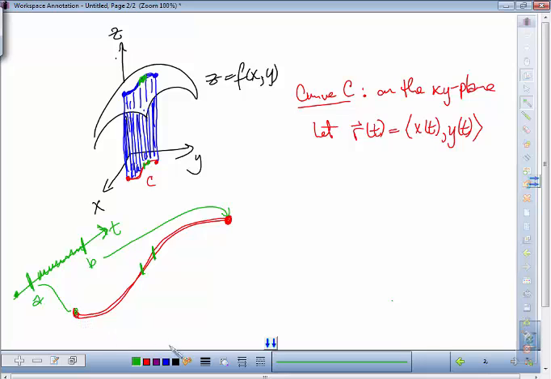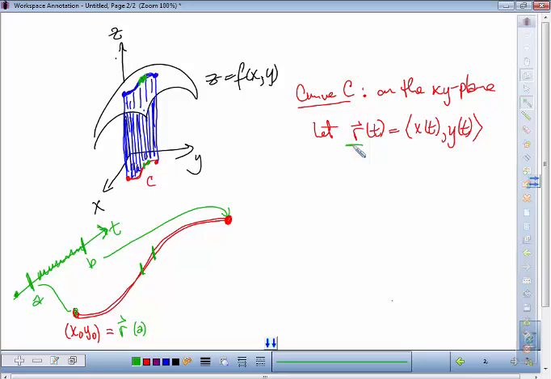So this is an x and y point. Let's call it x naught, y naught. And that would be the point that you would get if you put t equal to A into your parameterization function. Does this make sense?